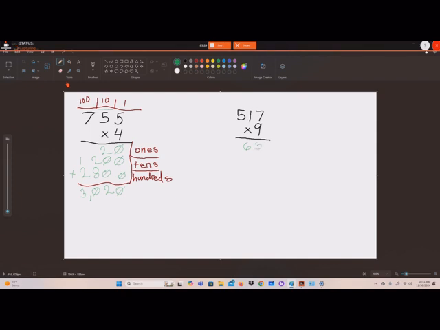Now I'm working with the tens. 9 times 1 ten would be 90 tens, or 90, right? Now I'm working with the hundreds. 9 times 500 would be 4,500.